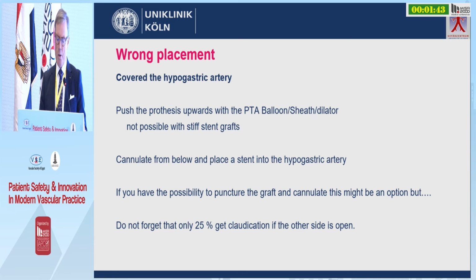So easier would be to cannulate from below and then place a stent graft like I showed for the renal artery, but coming from below. One thing to recognize though is that only a quarter of the patients will have claudication after they have a covered hypogastric artery. So don't put too much dangerous effort into trying to revascularize the hypogastric artery.